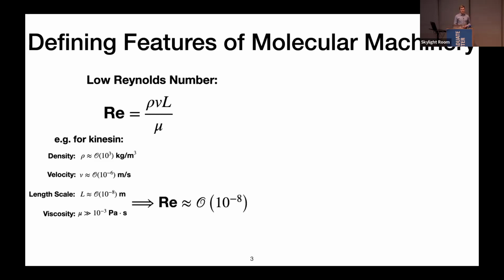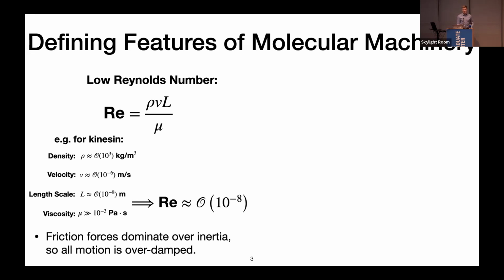Plugging in some reasonable values for a molecular machine like kinesin, which is about 10 nanometers tall and moves at a speed of around 1 micrometer per second, we get a Reynolds number on the order of 10 to the -8 or 10 to the -9. What that means is that friction forces dominate over inertia. So all motion is overdamped. Inertia disappears pretty much instantly for these systems.